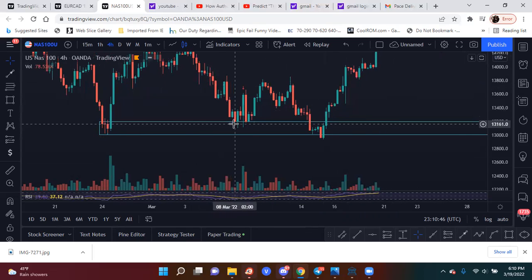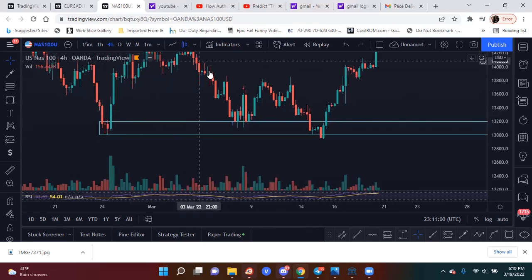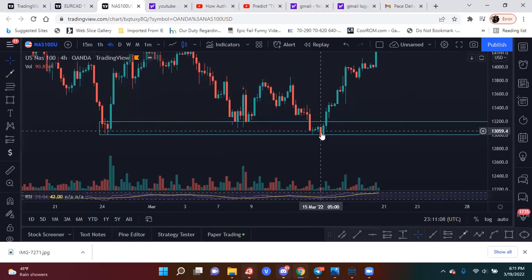Now you see right here, right on the zone, right at the top of the zone, tapped it. So the third time, so this time it went in the middle. This time it came back a second time, which the second times are good. This zone, remember I said, the further it's away from the zone, the next time it comes up, it's just gonna tap the top part and fly up. But see, the third time it weakened.